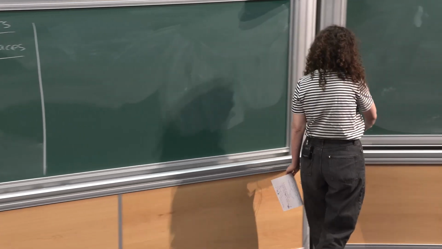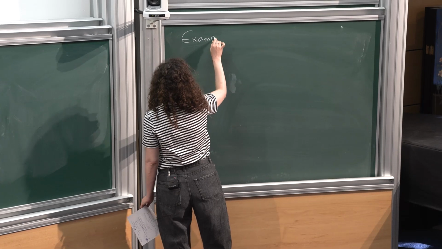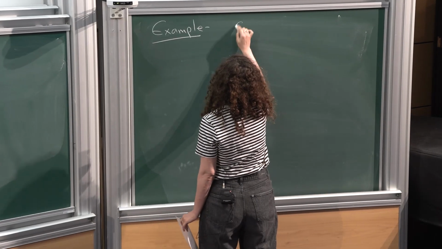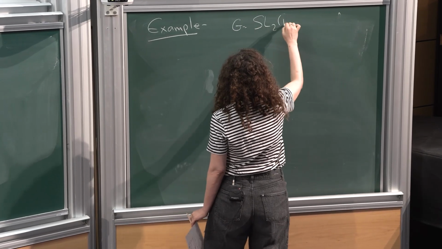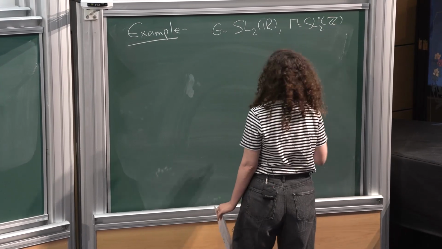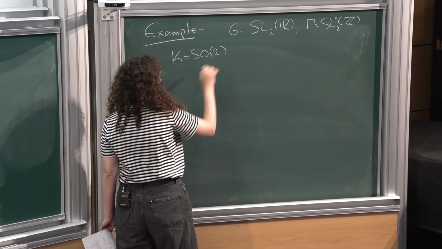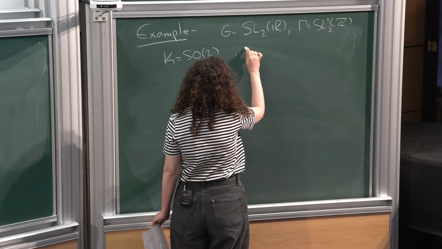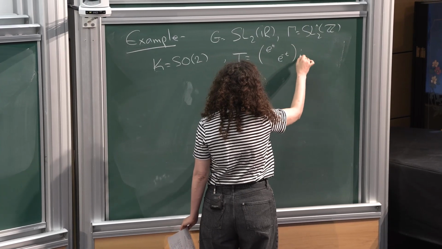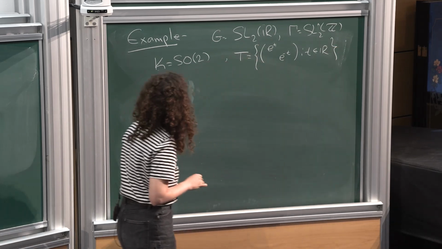And you can take, for example, G to be SL2(R), gamma to be SL2(Z). In this case, K is SO(2), and T is going to be diag(e^t, e^-t) for all real t.